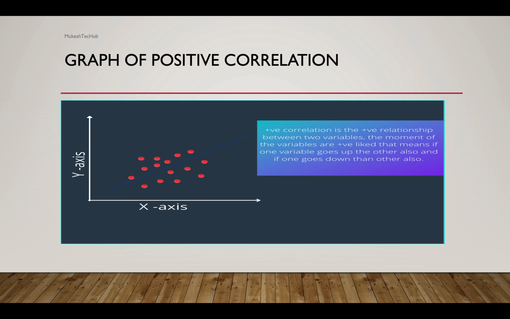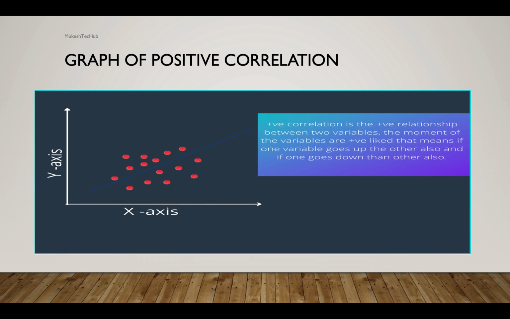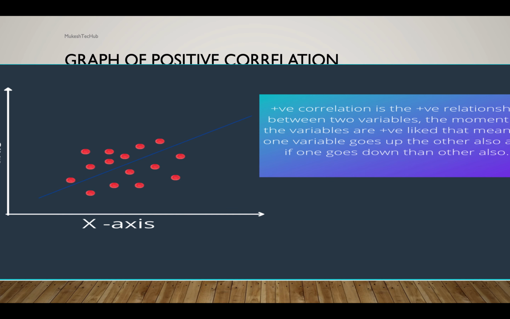Now let's look deeper into the graph. Here, the value of the x-axis is increasing, and the y-axis value is also increasing. If you look at the last points of this separation line, the x value is increasing and simultaneously the y value is also increasing, right?